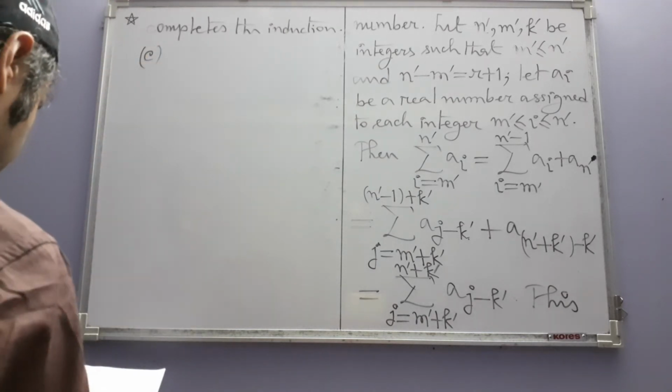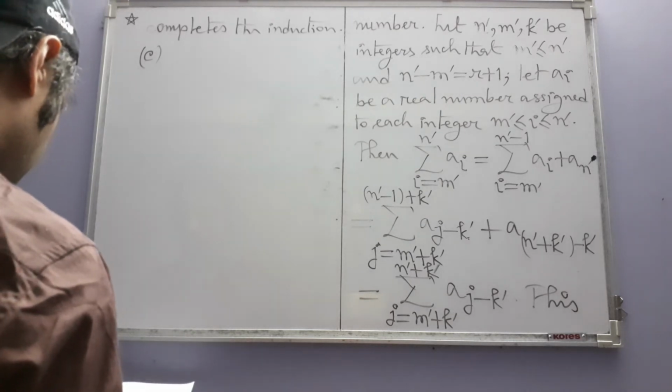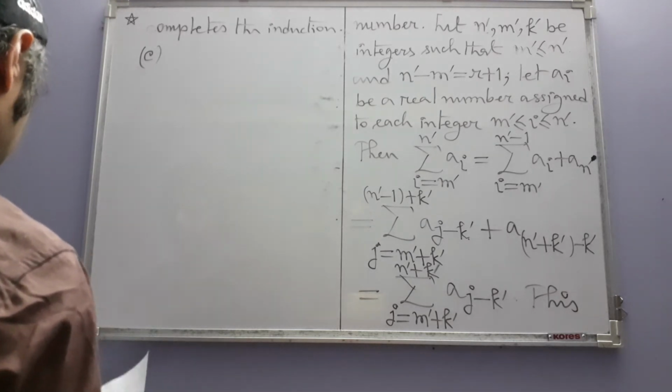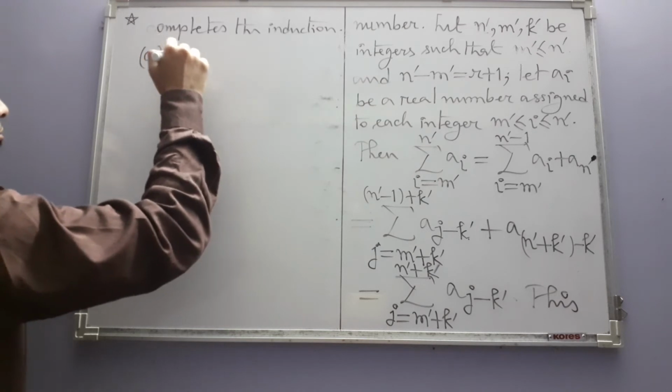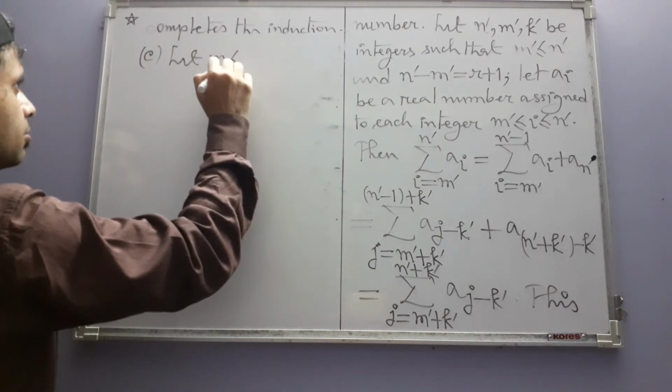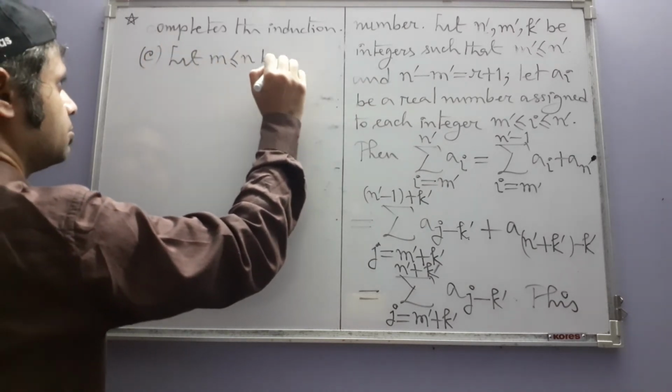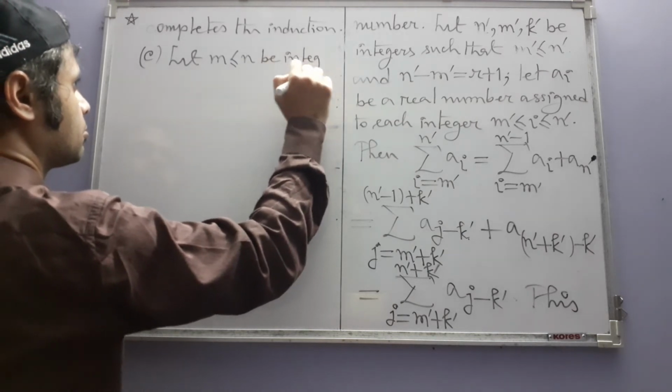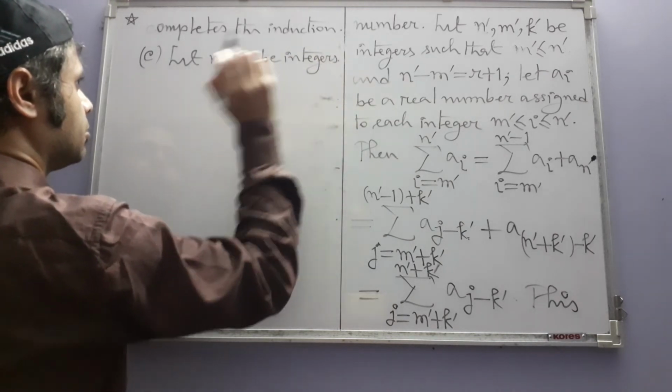Part C involves two sets of real numbers, ai and bi. Let m less than or equal to n be integers.